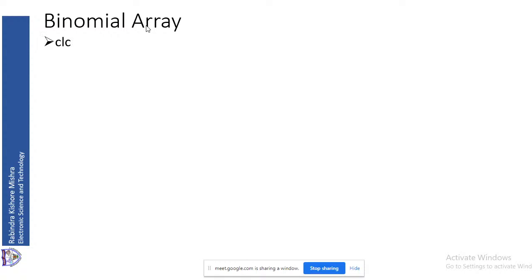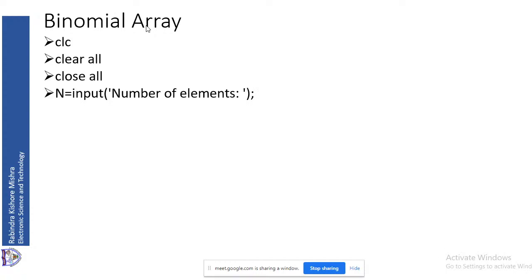Now this part I am going to leave out. You can easily write the program: clc, clear all, close all. N is equal to input number of elements, which means the computer will ask you to input the number of elements. Whatever you input will be taken by the computer as capital N. Then L, from 1 to n minus 1, is equal to 1, so everything is taken as 1.